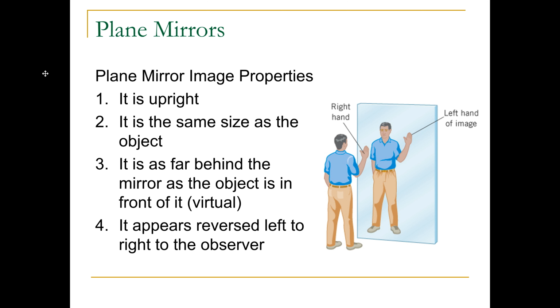But the way I think of how it's not reversed is if you imagine someone tying string from his actual forehead to the image of his forehead on the mirror, and then from his raised hand to the raised hand of the image, and from his shoe to the image of his shoe. If you were to tape out all of these strings, none of the strings would cross each other, and that's what it means to not be reversed.